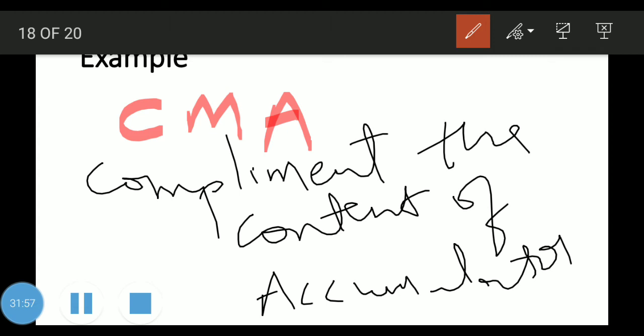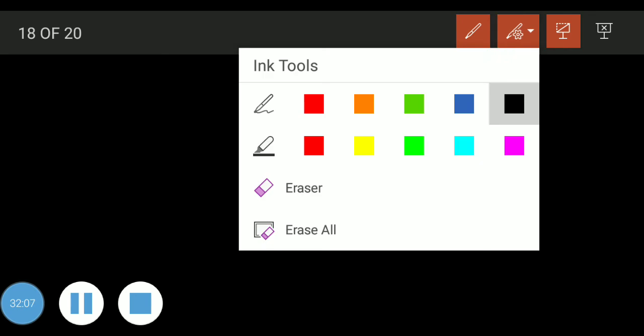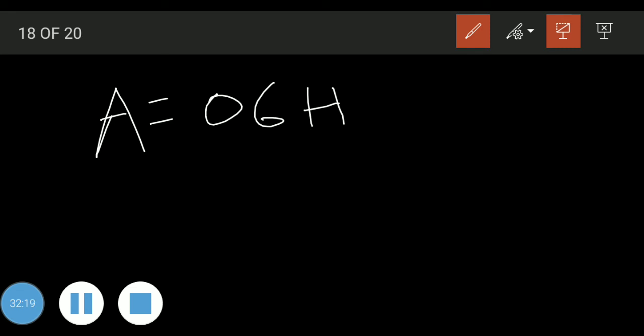Let us take an example. Suppose in the accumulator I have my data 06H. If I convert it into binary, I will convert the first digit 0 like this, 0 0 0 0. Next I will convert 6 in this way, 0 1 1 0.